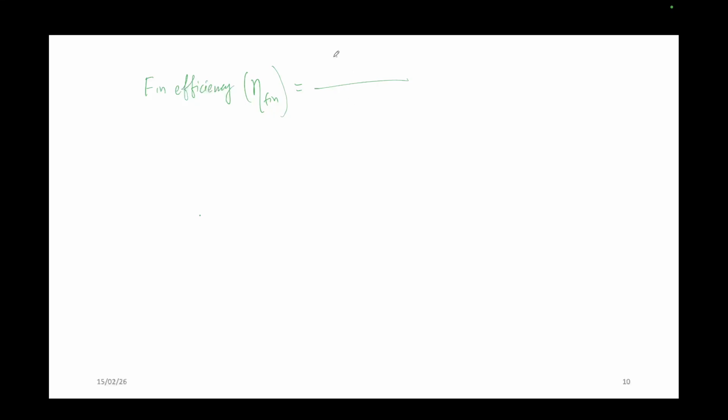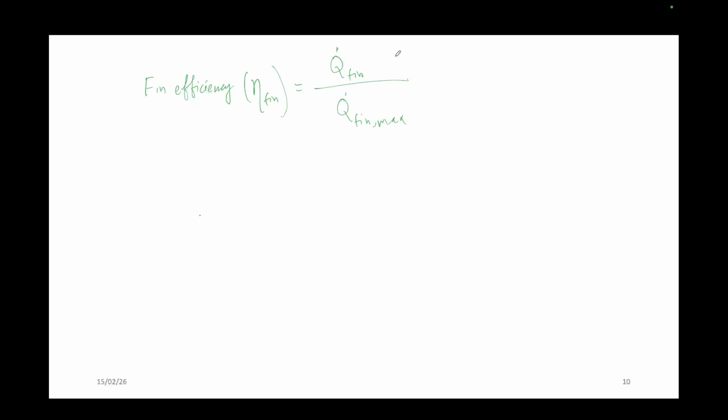It is Q fin by Q fin max. So what is Q fin? Q fin means the actual heat transfer from the fin. That means in the previous question, whatever we found out, that one is the Q fin actual.